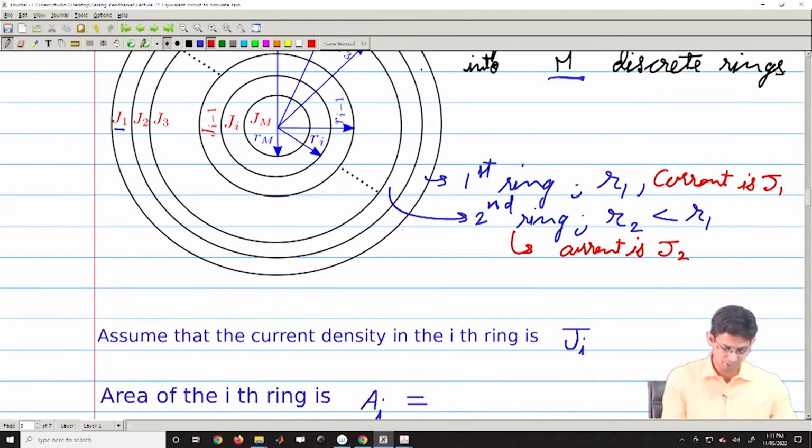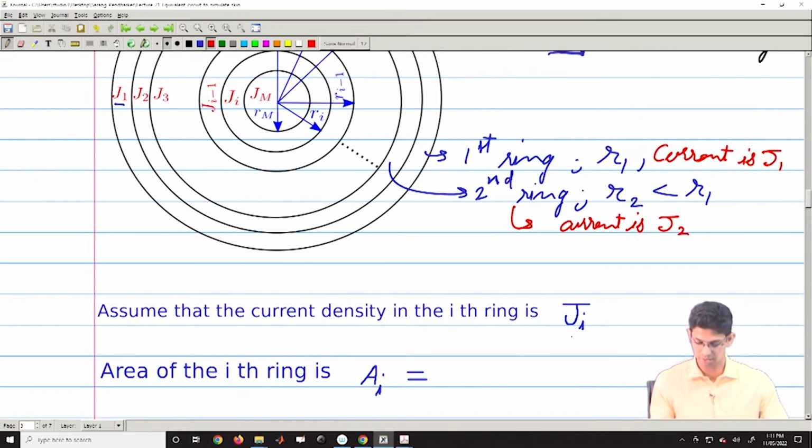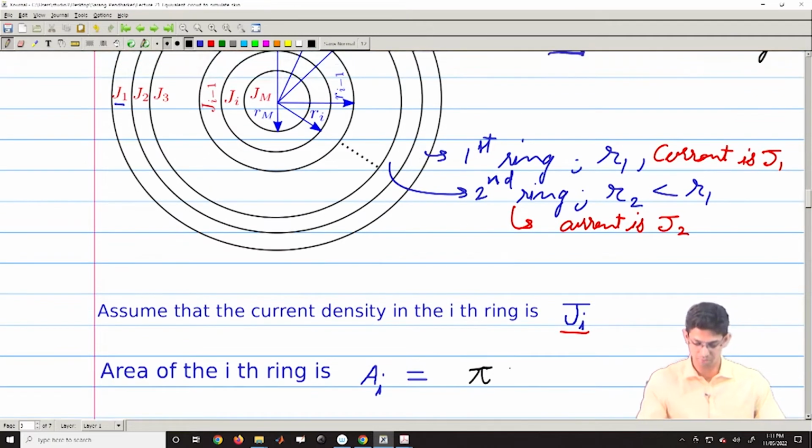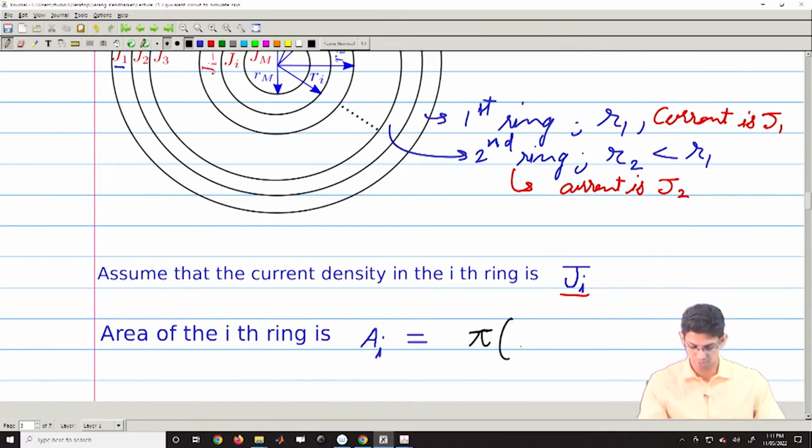So, we will assume that the current density on the ith ring is Ji, and the area of the ith ring would be Ai. What will be A1? A1 will be pi r1 square minus pi r2 square. So, for the ith ring, that will be pi ri square minus pi r(i+1) square, right.